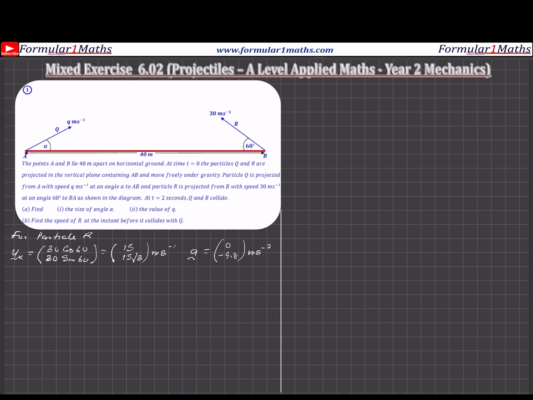Now I'm going to use the equation s equals ut plus half at squared in vector form. So s will be a vector, u will be a vector, and a will be a vector. So when t equals 2, I have s to be (x, y) in meters.